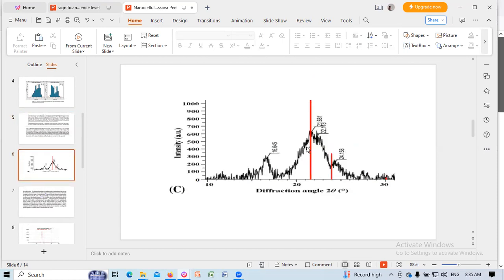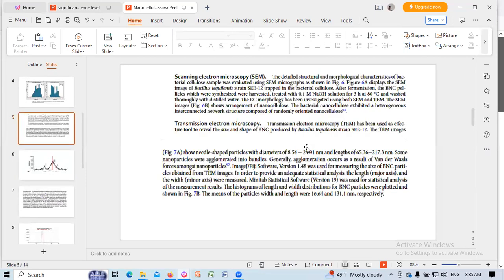This is the XRD spectra. In the XRD study, the diffraction angles are 16.65, 21.68 and 22.11, which show the crystalline character.